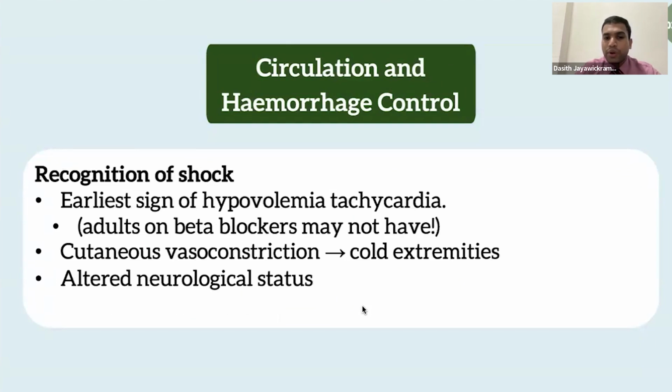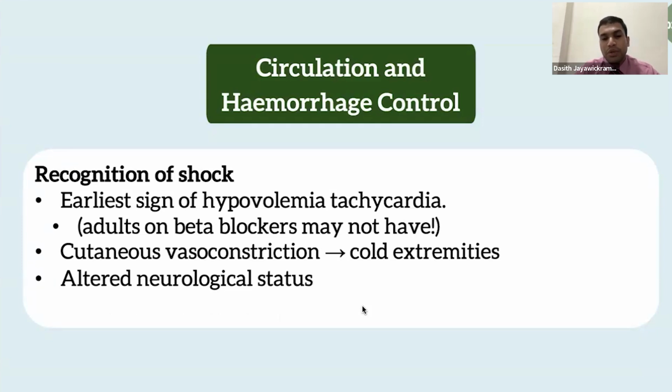So how do you recognize a patient with shock? There are classes of hemorrhagic shock, class 1 to 4. So how do you identify the patient? The earliest sign of hypovolemia is tachycardia. That is the first sign to appear. The patient will develop an increasing heart rate.